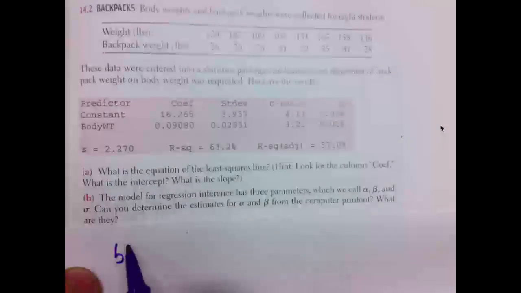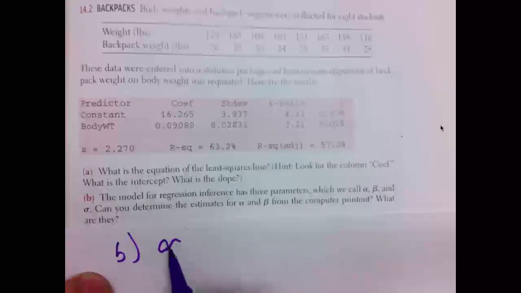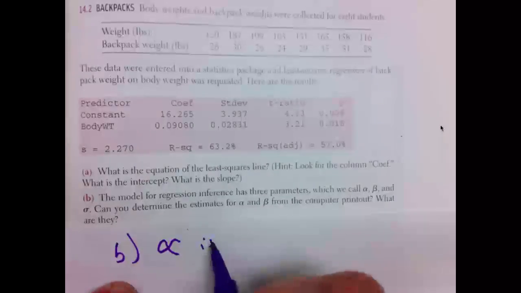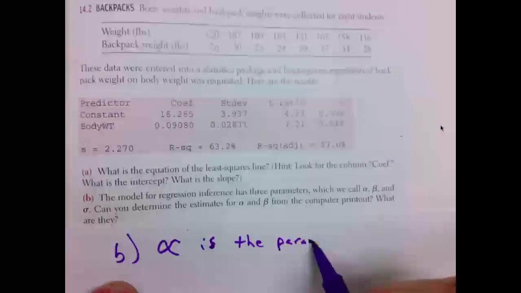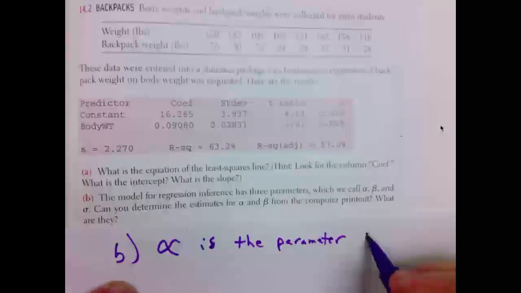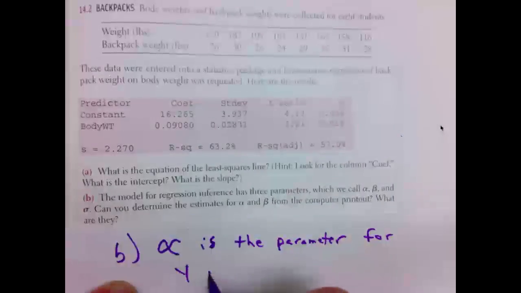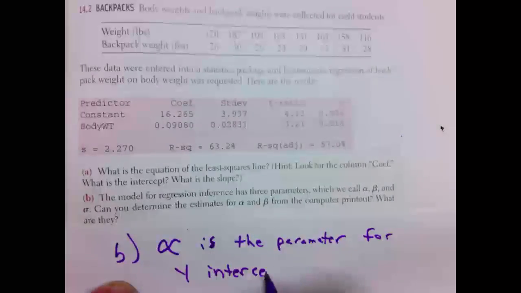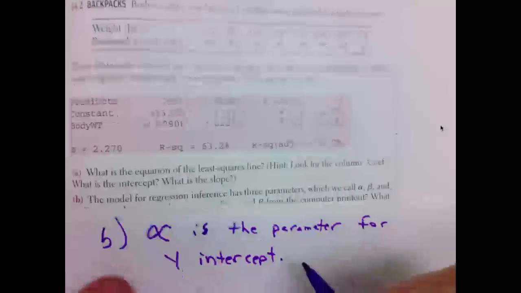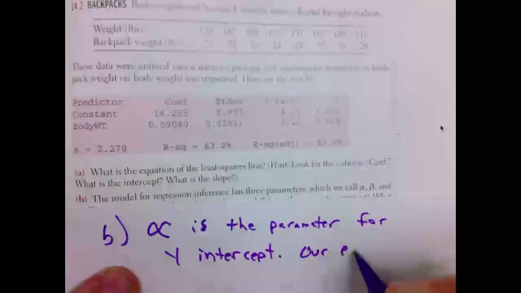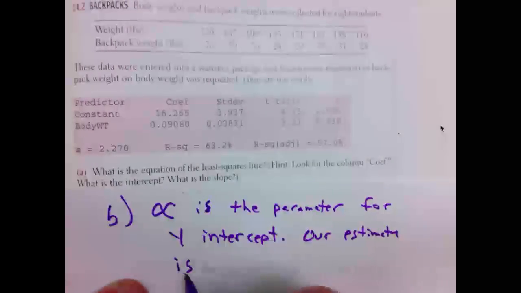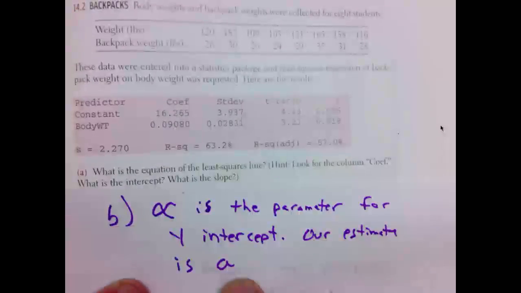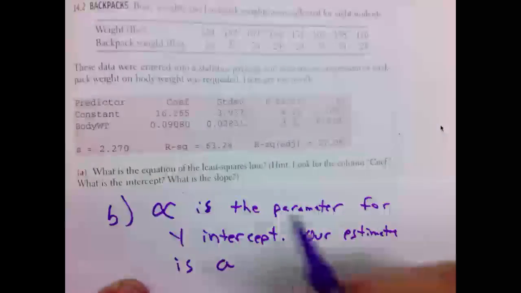So for B, alpha is the parameter for y-intercept. Our estimate is a. In this case, our a is 16.265.